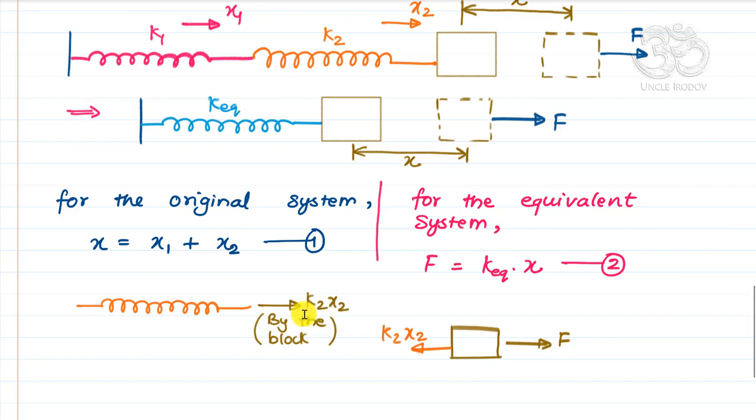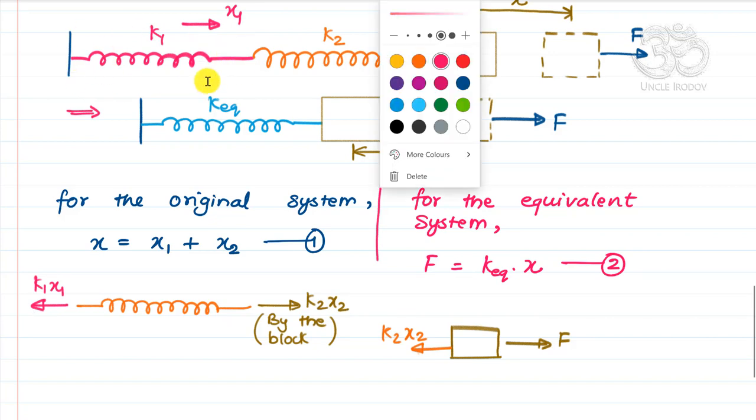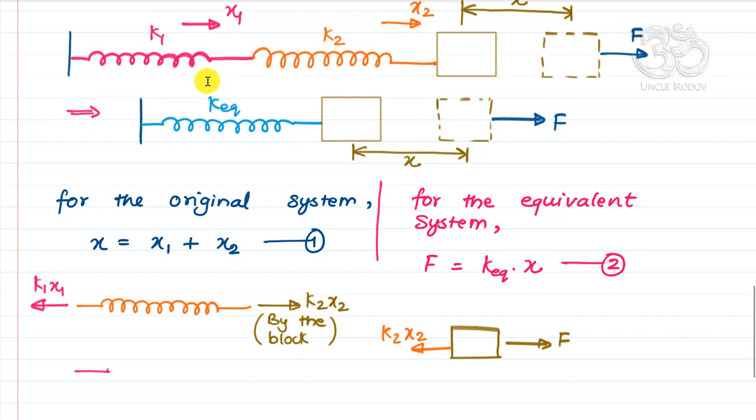And on the left hand side, the orange spring is attached to the pink spring, and so it will be pulled by the pink spring because the pink spring also wants to become smaller. It wants to go back to its natural length. So you will have K1x1 force acting on the orange spring. So this is K1x1. And let us try to draw one FBD of the pink spring. And the FBD for the pink spring will look something like this.